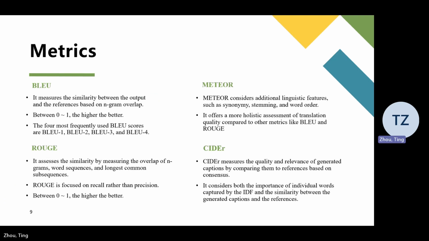The image captioning network requires assessment techniques to evaluate the quality of generated captions. We use 7 common evaluation metrics, namely BLEU-1, 2, 3, 4, ROUGE, METEOR, and CIDEr. The higher the score of these metrics, the higher the quality of the captions.